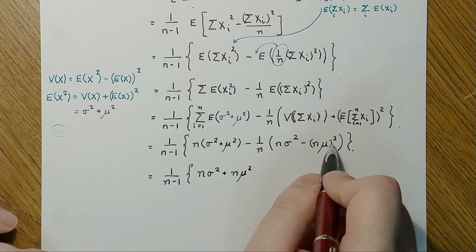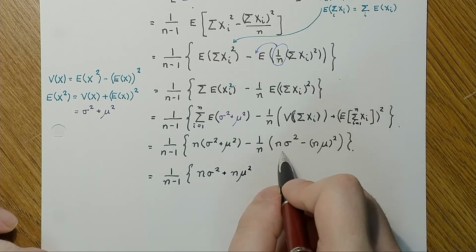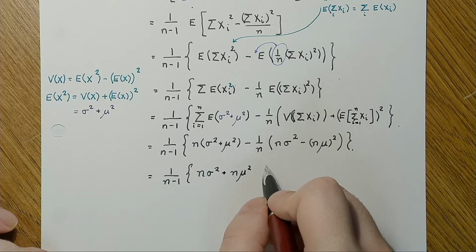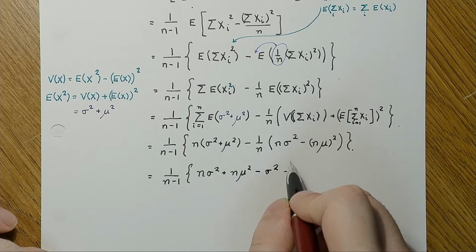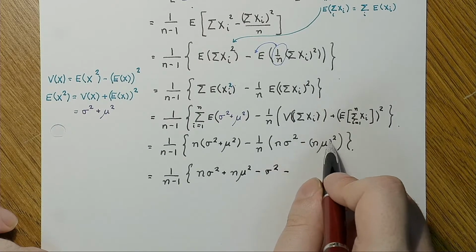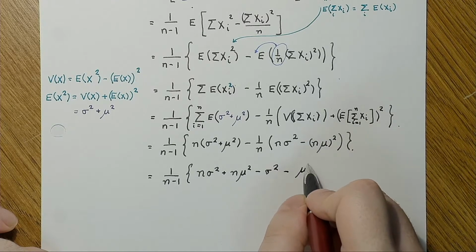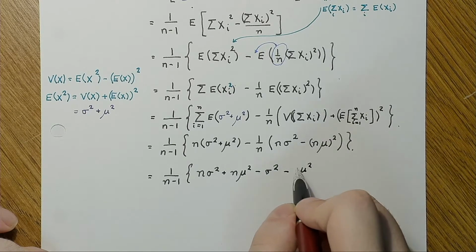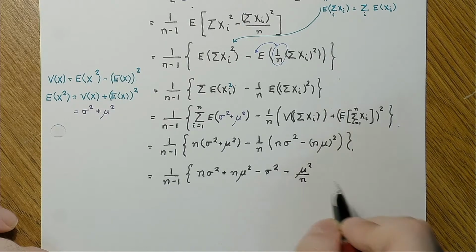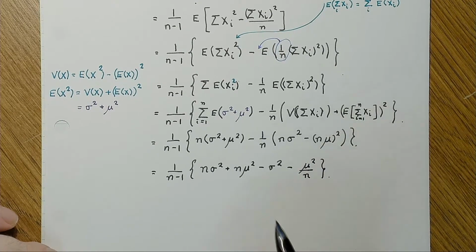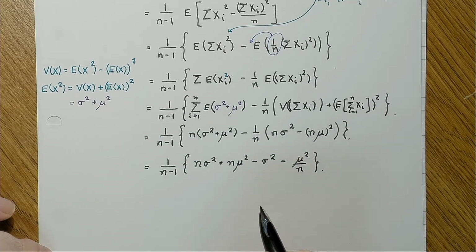Gotta be careful that I don't get rid of, what I'll be left with is sigma squared minus, and then I have n squared mu squared, so I'll just have mu squared, no, sorry.